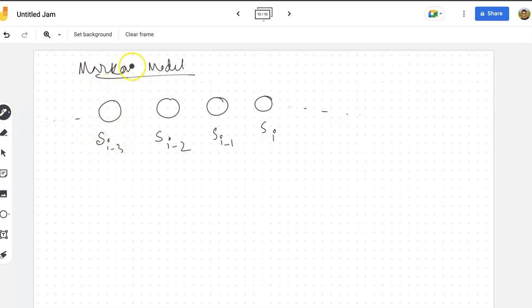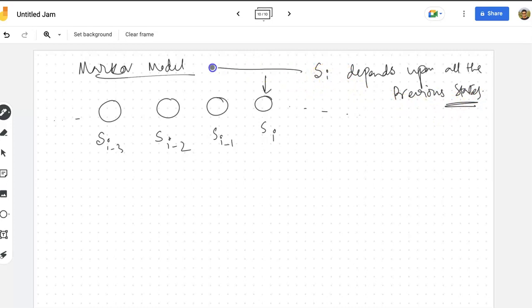Now what the Markov model says is that this state Si depends upon all the previous states. So this is the simple Markov model.